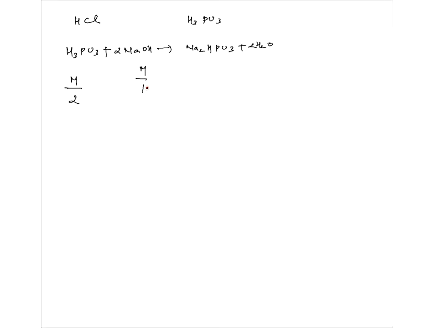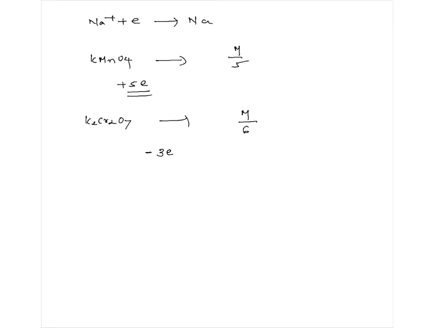For aluminum cation, it will be 27 divided by 3. Okay, so we have got atom, we have got compound, acid, base, ion.